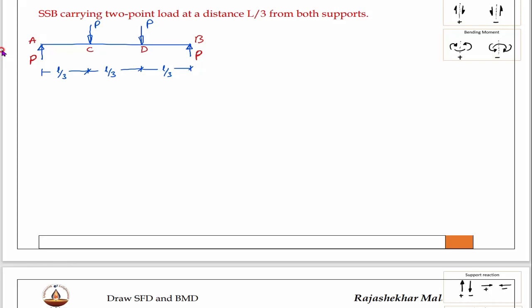Therefore, everywhere we have to take two sections. Now I will take advantage of symmetry here. Symmetry advantage means, no, we will not take any advantage of symmetry because the shear force diagram is not symmetric. That's why we will not take any symmetrical advantage. We will calculate as usual.